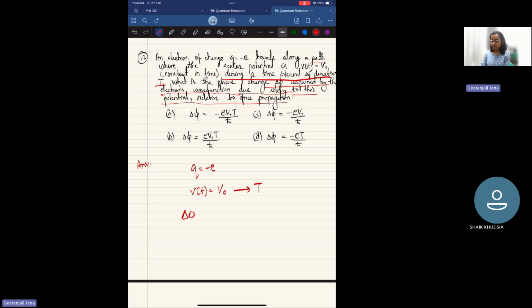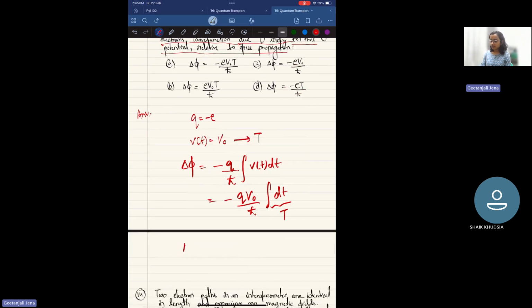So phase change in the presence of a potential. If you recall, delta phi you can write as minus q by h-bar integral V(t) dt. And it is given V0 and it is constant in time. So that means it is q V0 by h-bar and dt, the duration is given, it is T. So the phase shift is minus q V0 T by h-bar.